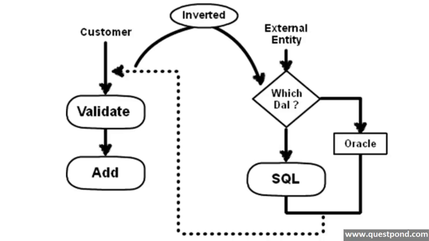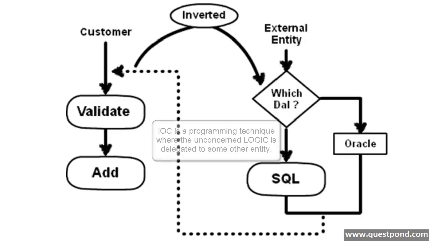This is termed as inversion of control. In other words, the control or the logic which is not the part of that entity is taken care of by someone else. And also, if you put it in other terms, the flow of the customer class is now affected by the external entities, depending on whether they inject SQL Server object or Oracle object.